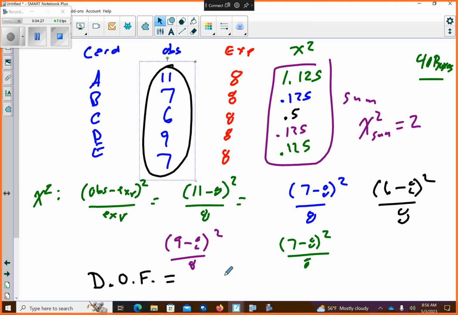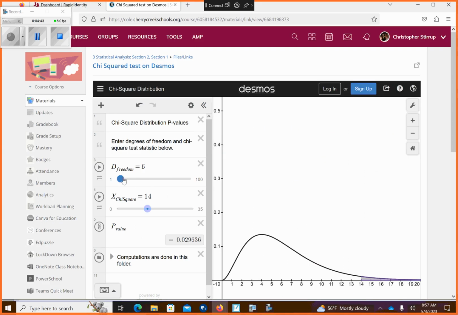Okay. So the degrees of freedom on this one is going to be 5 minus 1, so that's equal to 4. So now you would have enough to plug into Desmos. Degrees of freedom 4, chi-squared of 2.